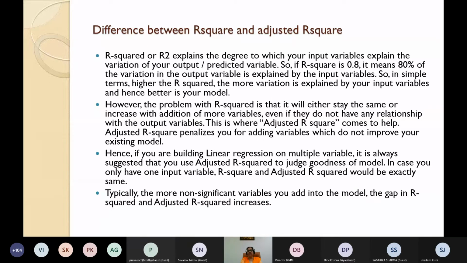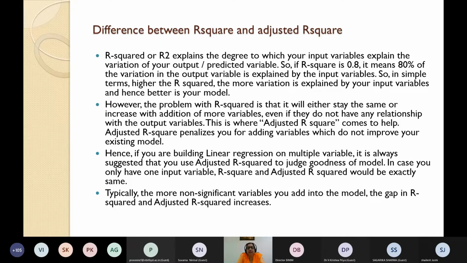So we got the value of 96.96, which means that this much percentage of the output is attributed to the different input variables that you have identified. So the higher the value of R square, the more variation is explained and the rest can be left for the error component. But there is some problem in the R square value: it will either stay the same or increase with the addition of more variables, even if they do not have any relationship with the output variable.